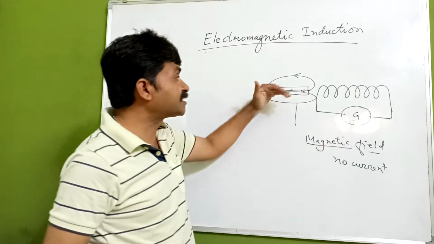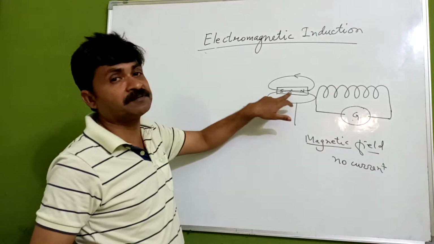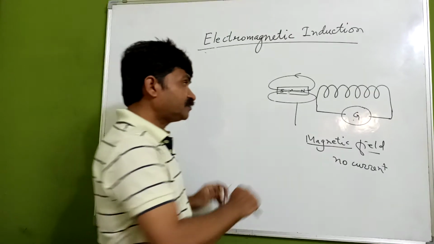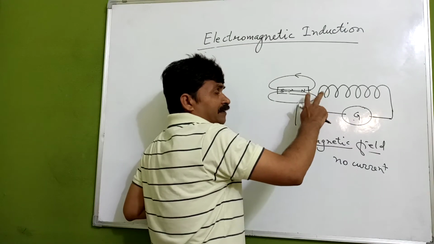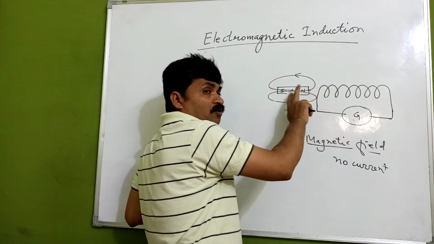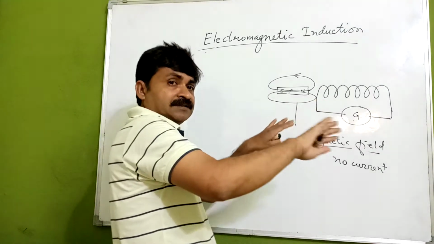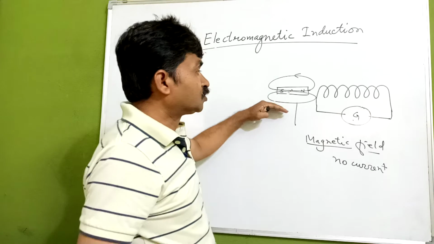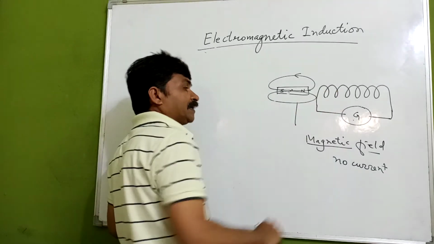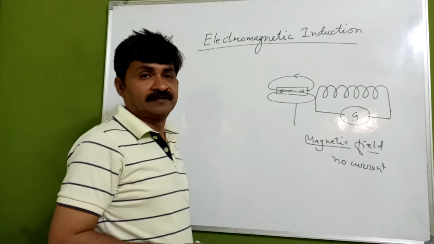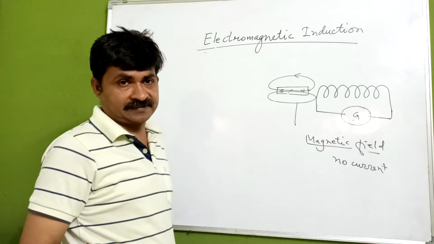So it is the effect generated because of the magnet, and there is no connection between them. They are kept apart; the distance is there. So finally, a current is generated. This experiment was performed by Faraday.